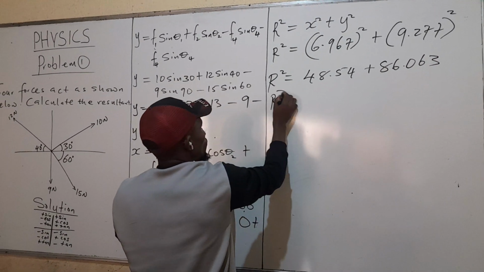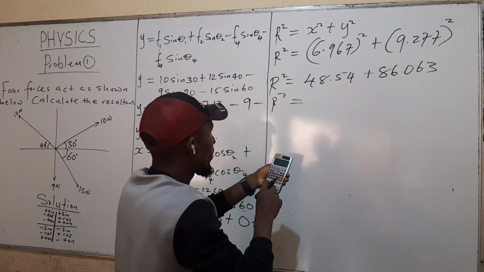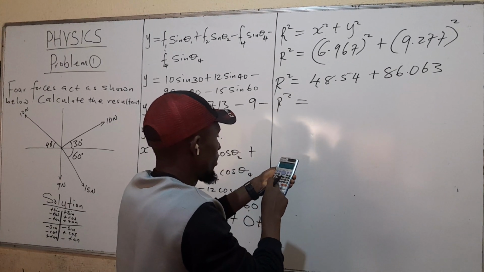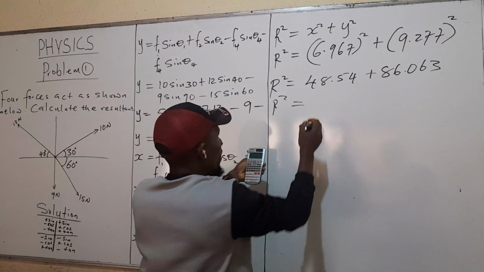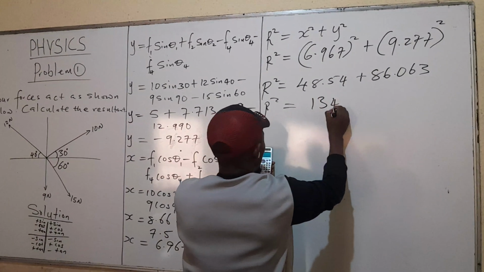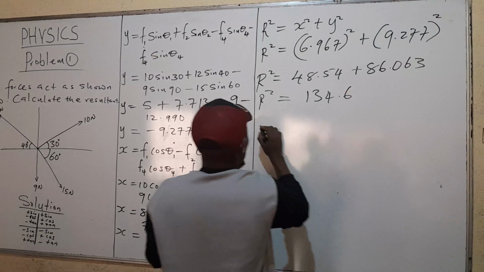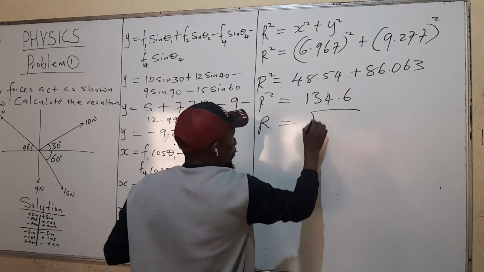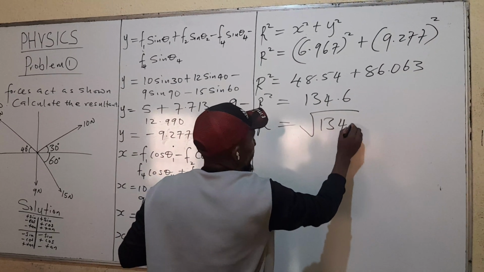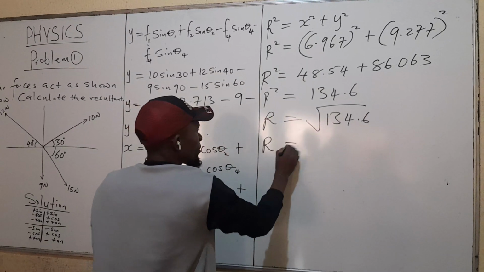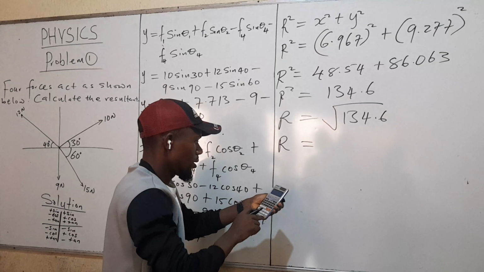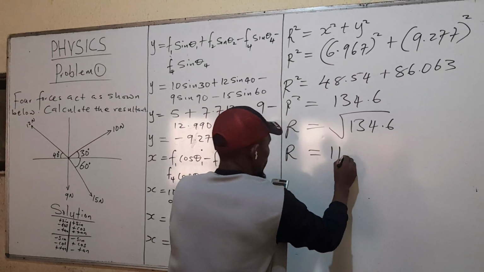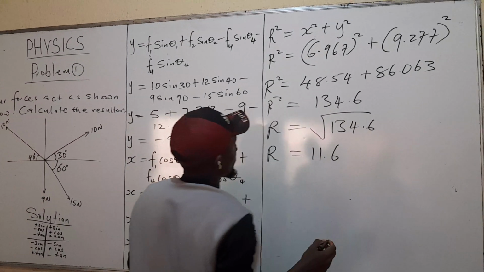So my r squared is equal to, I'll sum them together, 48.54 plus 86.063. I'll have 134.6. So my r is equal to the square root of 134.6. I'll have 11.6.